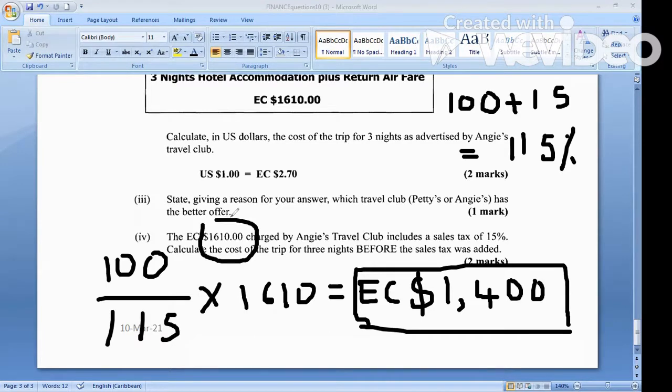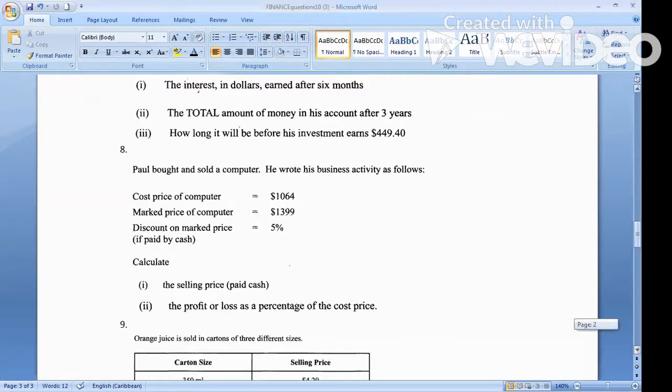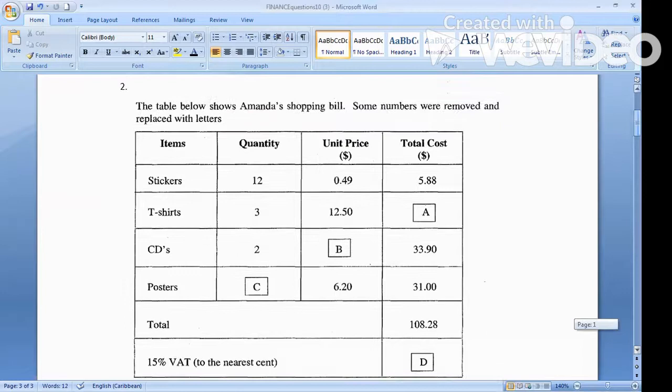All right, guys, I wonder if I can squeeze in one more question. It has nothing to do with foreign exchange, but I want you to look at it. It's a shopping list. It's not difficult, it's kind of simple.